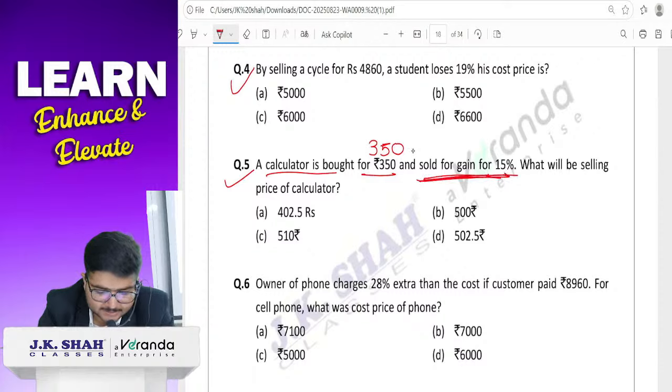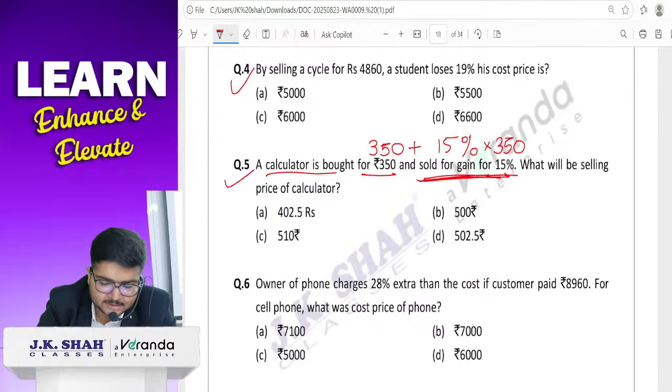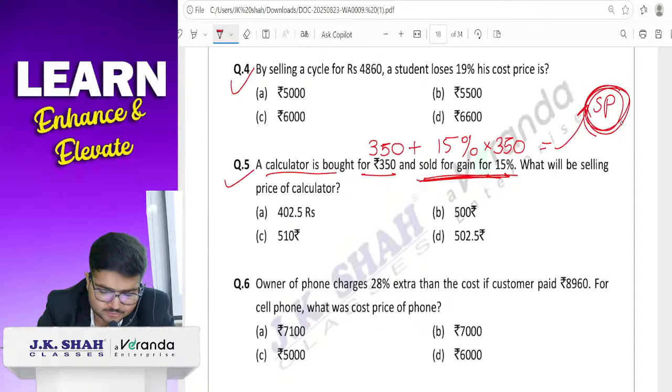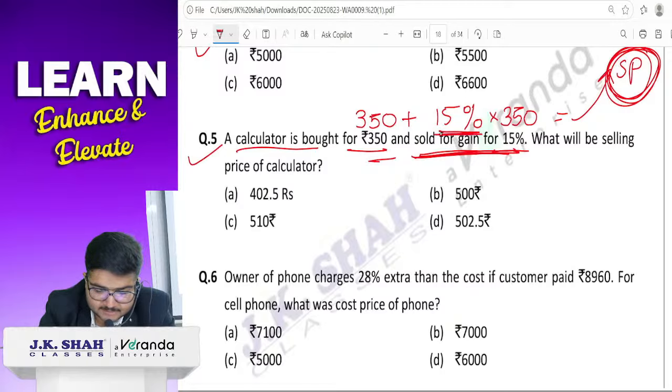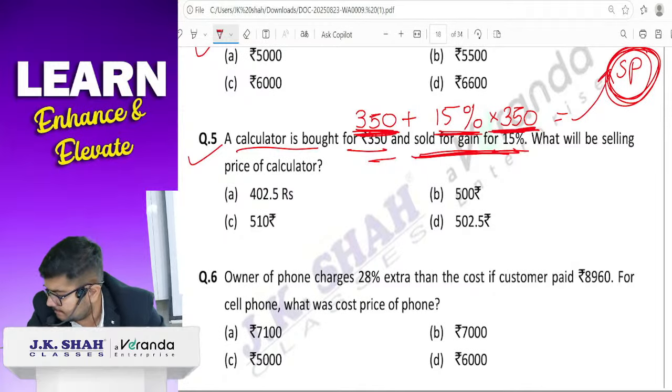That means he must have increased the price of the calculator by 15% of 350 only, and then sold it, and this is the price you have to find. So you just have to find 15% of 350, and then add this to 350. Very simple sum, right?